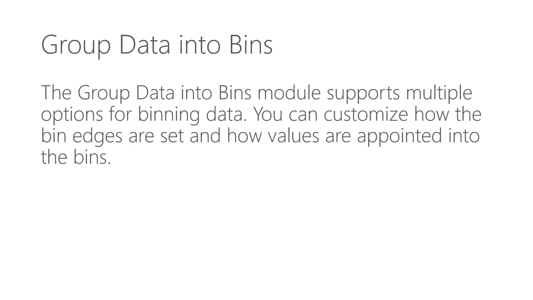Group data into bins. The Group Data into Bins module supports multiple options for binning data. You can customize how bin edges are set and how values are assigned to the bins.